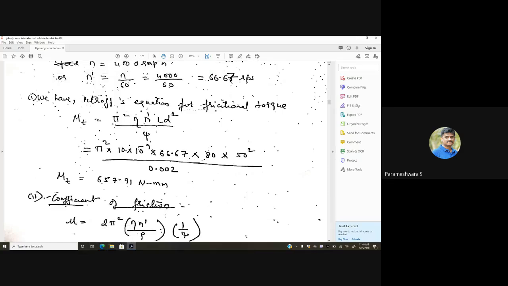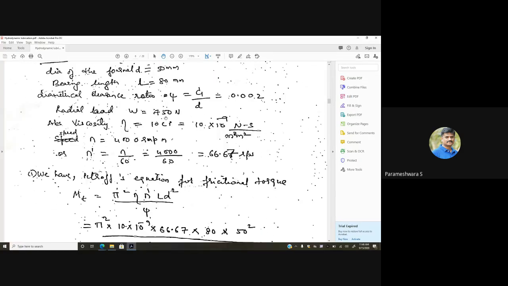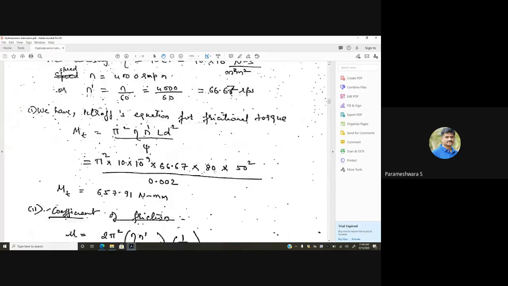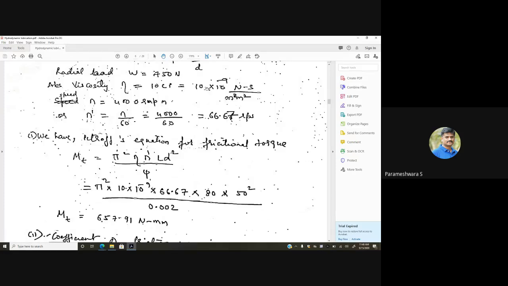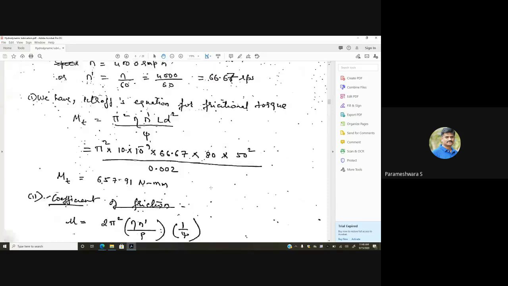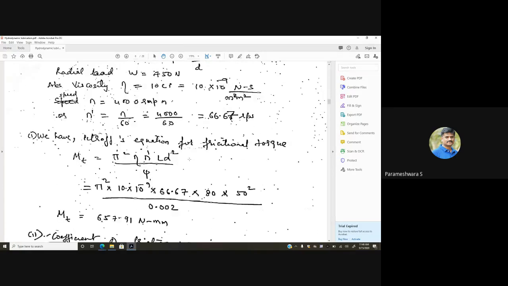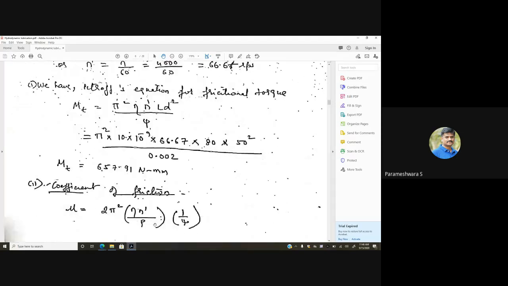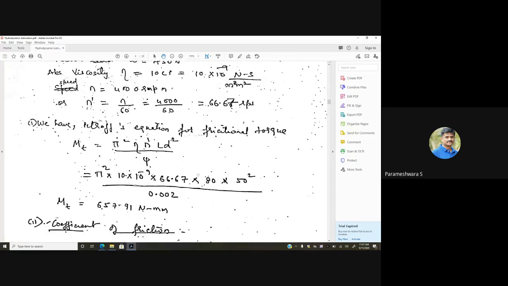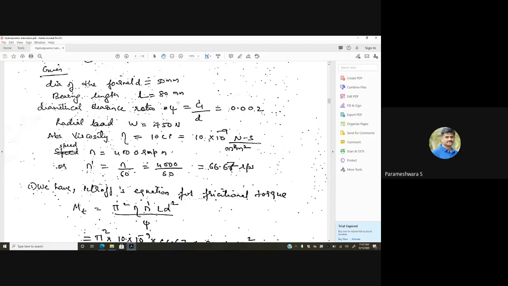Take the psi value 0.002, and eta, the coefficient of viscosity, 10 into 10 raised to minus 9, and N dash 66.67. P is load by area, that is W by LD, where L is 80 mm and D is 50 mm.